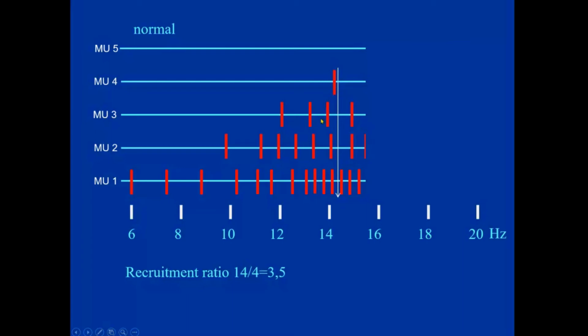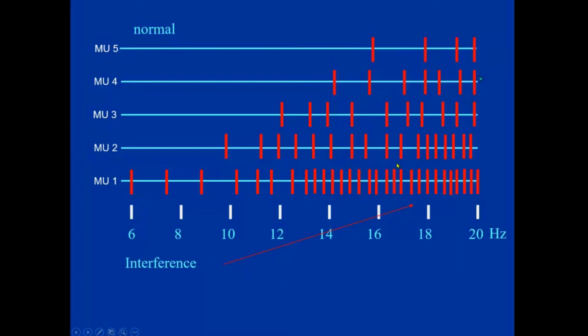In this case 4, and then we take 14 divided by 4, and the recruitment ratio is 3.5. When we now activate more strongly, then we have so much activity that we can no longer look at individual motor unit potentials, but use other techniques to analyze the interference pattern.